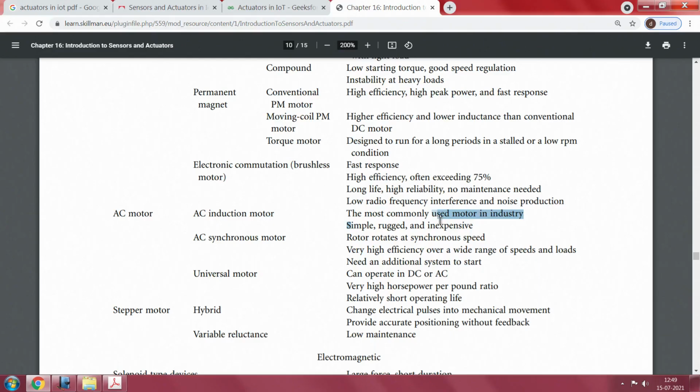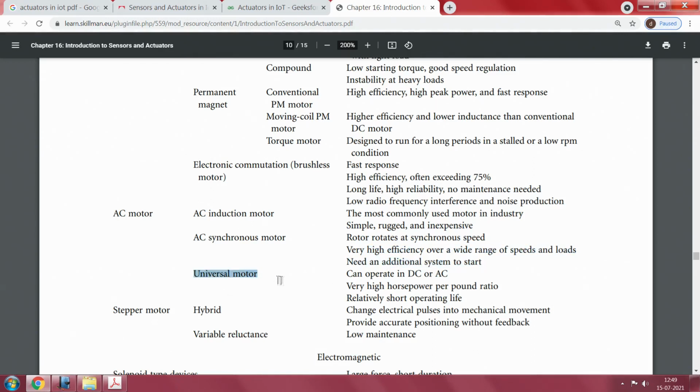They will definitely have an induction motor. It is simple, rugged, inexpensive and easy to service. Then you have the AC synchronous motor, where the rotor rotates at synchronous speed, with very high efficiency and a wide range of speeds and loads, but it needs some additional system to start.